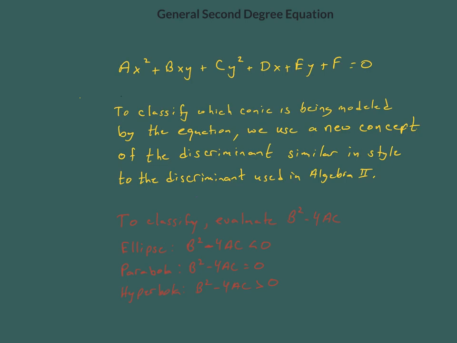Now we get to the general second degree equation. The general second degree equation is ax squared plus bxy plus cy squared plus dx plus ey plus f, where a, b, c, d, e, and f happen to be real numbers.